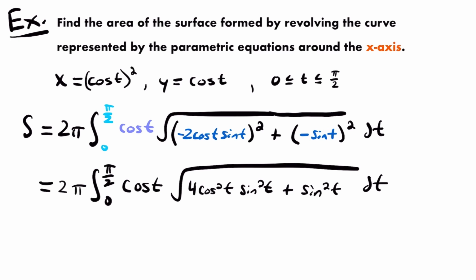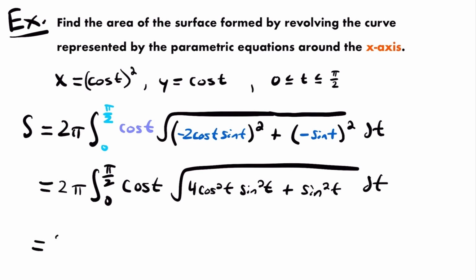All right, and so now to simplify further, notice that both of these terms contain sine squared t in them. What you want to do whenever you see a common factor in both of your terms underneath this square root is pull that common factor out. So we're going to pull sine squared t out of both of these terms, and that's going to help us simplify the integral.